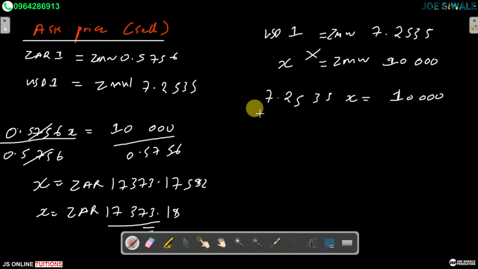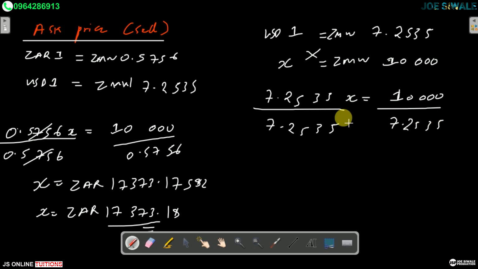To find the value of X, we are going to divide both sides by 7.2535. So our X is going to be equal to 10,000 divided by 7.2535. We're going to have 1,378.144792 US dollars as our answer.